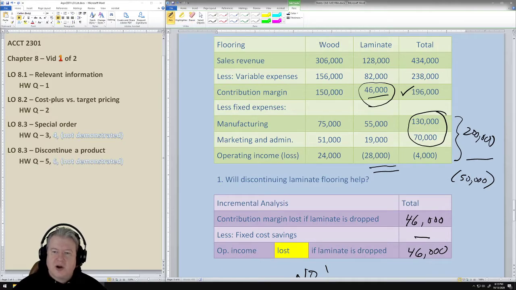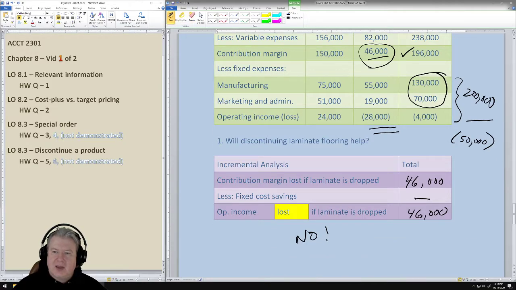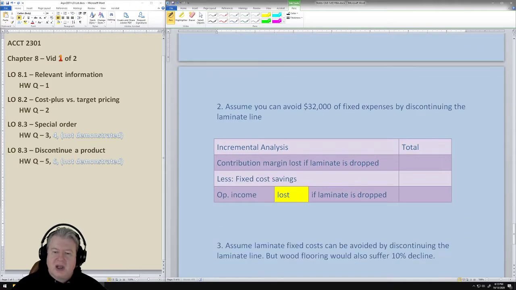Well, we can do our incremental analysis, and the answer is going to be no. We would lose 46,000, but we would gain 32 back from fixed costs that we didn't have to pay, but we would still overall be losing 14.